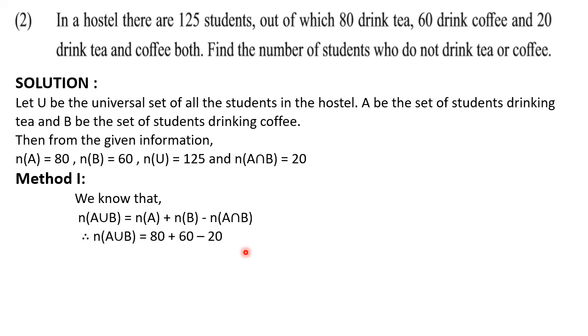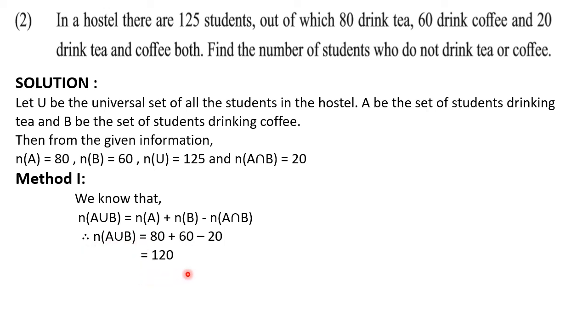So n of A union B is equal to 80 plus 60 minus 20. So 80 plus 60 is 140 and 140 minus 20 is 120. Okay, so therefore n of A union B is 120.